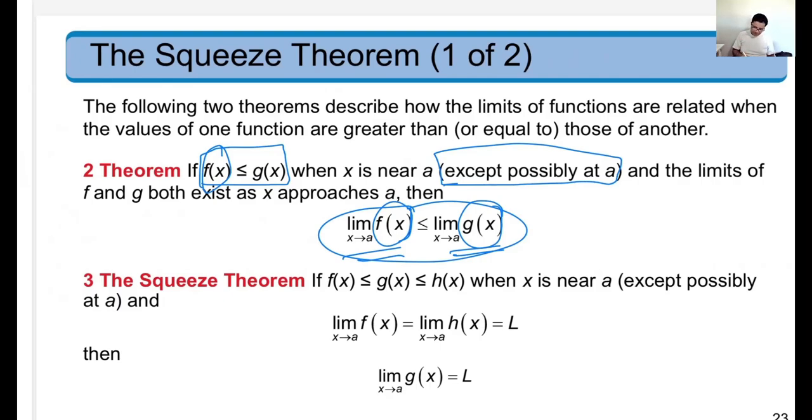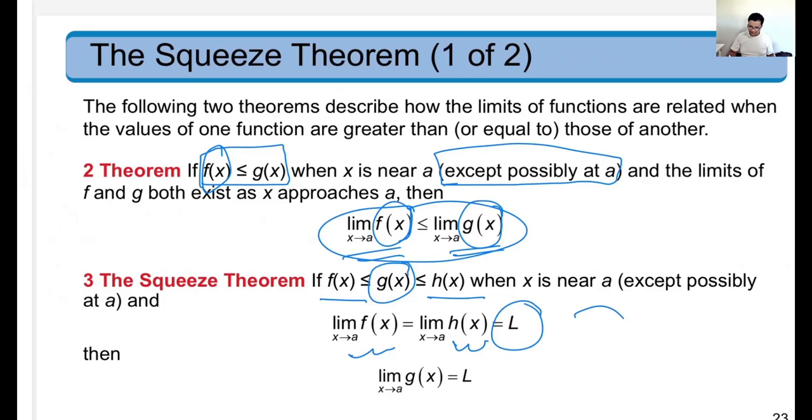Now suppose you extend that to two sides. So this g of x is now squeezed between f and h. And then suppose, on top of that, the function f and function h have the same limit L at a certain point.